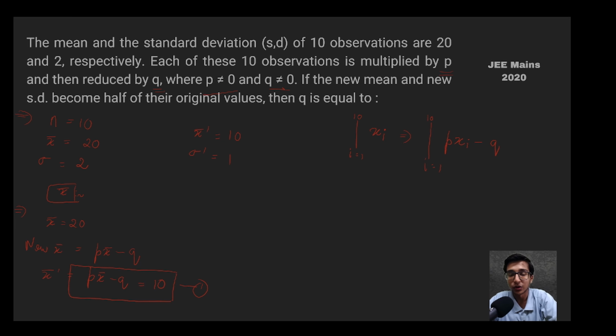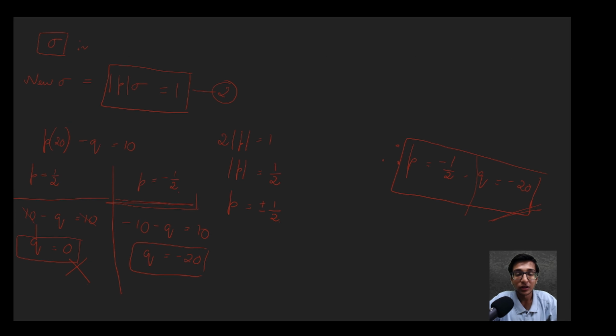However, while solving you came to the conclusion that q can also be 0 if p is equal to plus half, and p can take two values, which is plus half as well. So you have to reject that value and take the other value of p. That is how you calculate values when there are two or more answers possible.